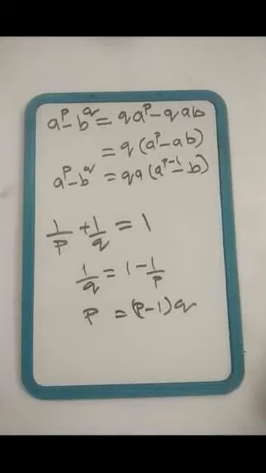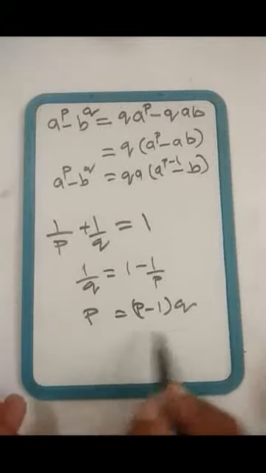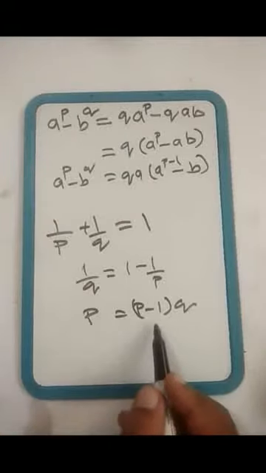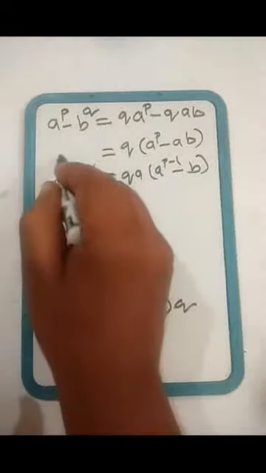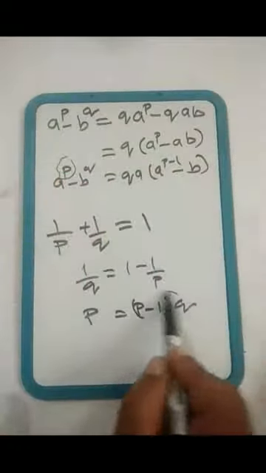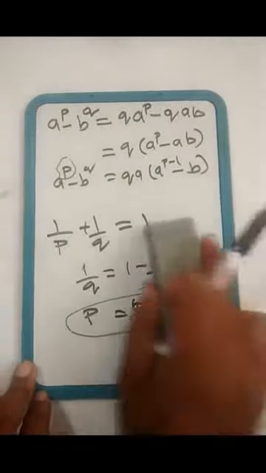So let's deal with this thing. Rather, what we would do is substitute this value over here in this p. So what do we get? p minus 1 times q.